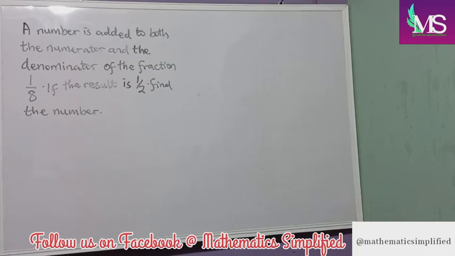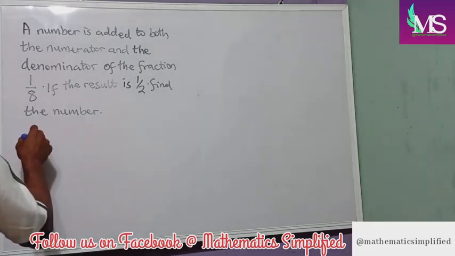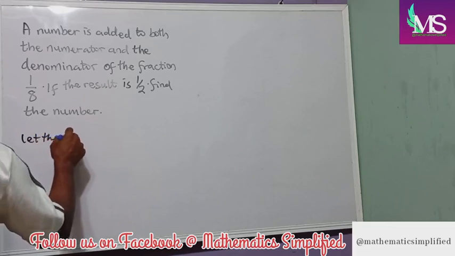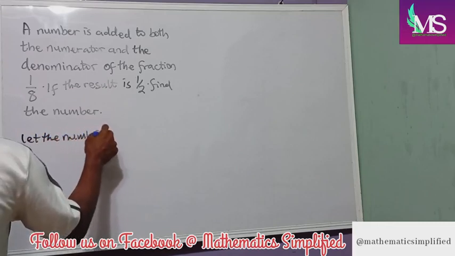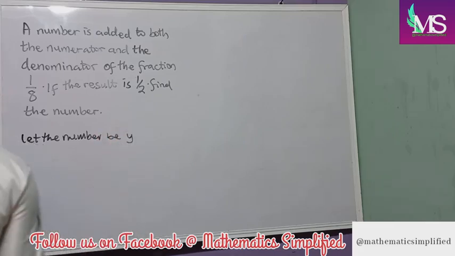A number is added to both the numerator and the denominator of a fraction 1 over 8. If the result is 1 over 2, find the number. Now, let the number be y.